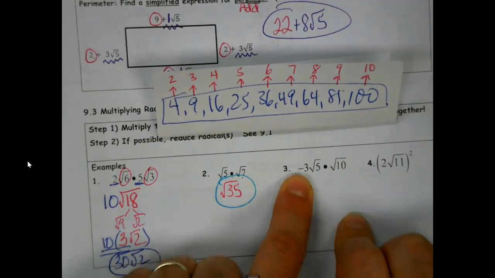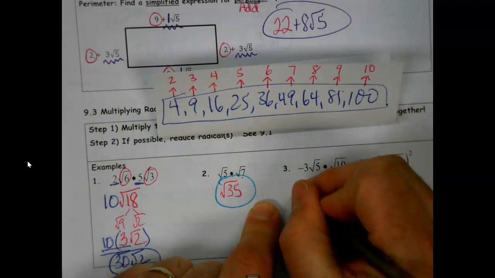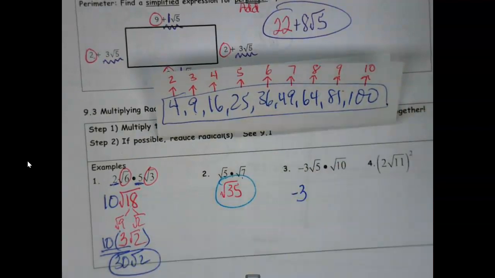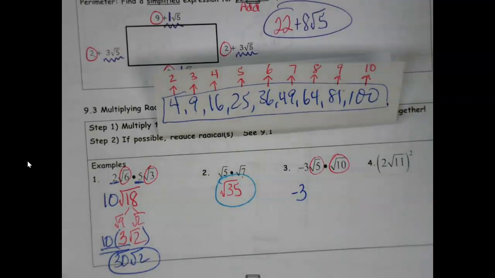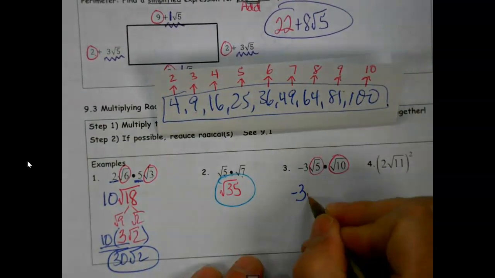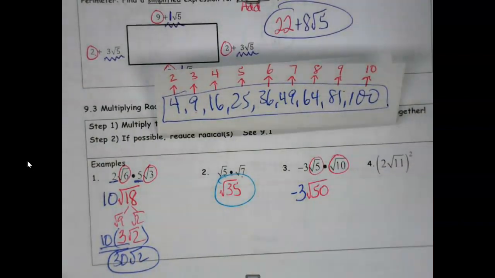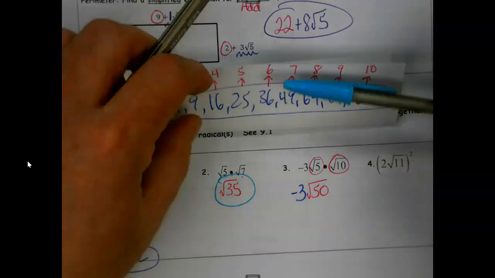What if I'm multiplying and there's only one number on the outside? Write that number down. We're still going to multiply the two radical numbers together. So 5 times 10 is 50. Anybody got anything to say about what's going to go into 50?